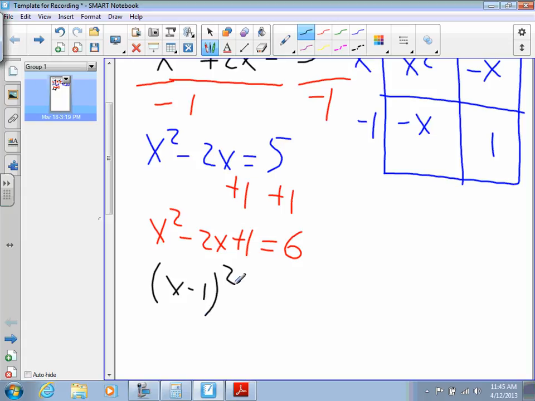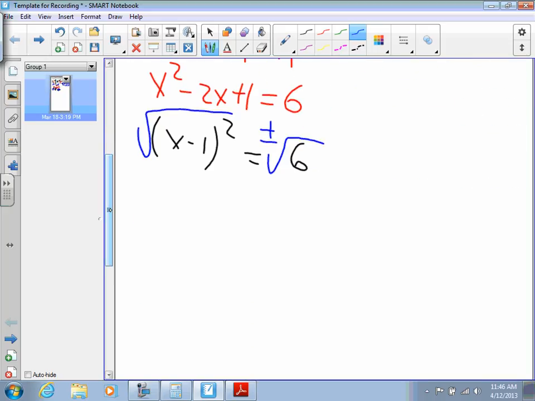X minus 1 squared, and that equals 6. I now take the square root of both sides, and again, it's plus or minus the square root of 6. Okay. And now I've got x minus 1 equals plus or minus the square root of 6.